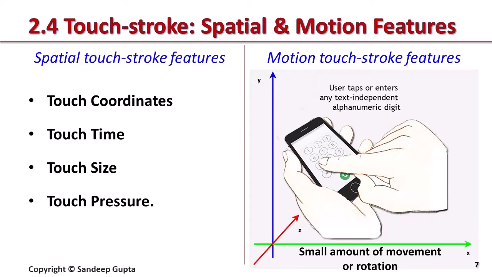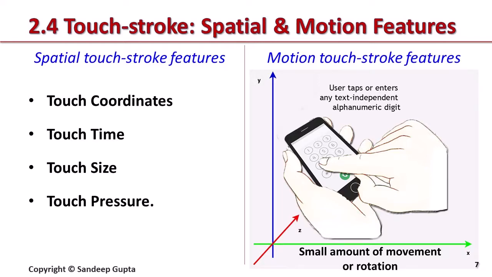Spatial features for touch stroke involve physical interactions between a user's fingertip and a device touchscreen surface that can be acquired when a touch event is triggered. The most commonly used spatial features are touch coordinates, touch time, size, and pressure. Similarly, to acquire motion features, motion sensors, such as accelerometer, gyroscope, magnetometer or gravity sensors can be utilized, that are available in most smart devices.